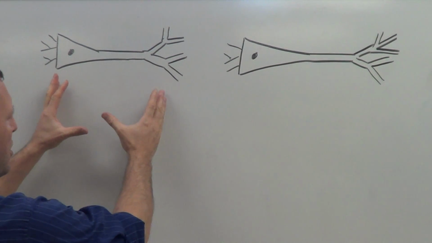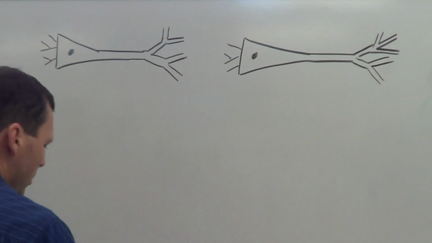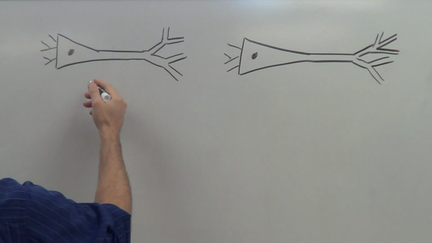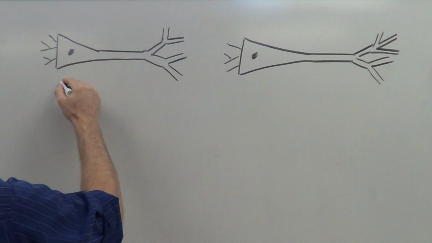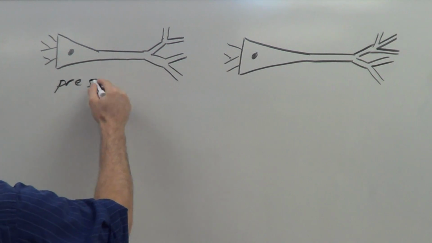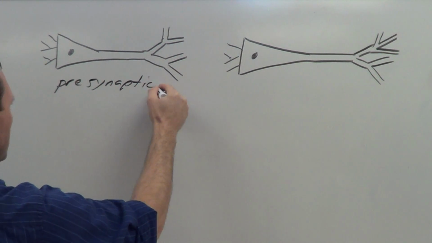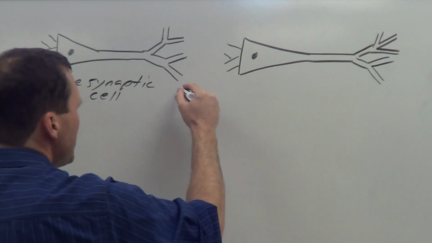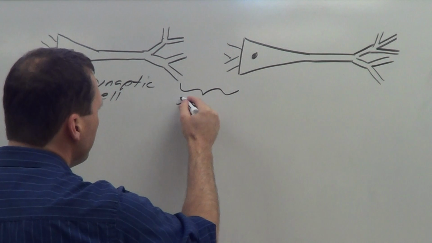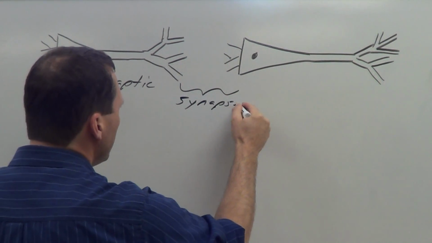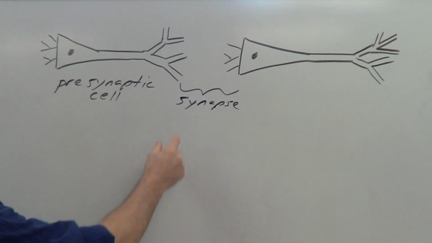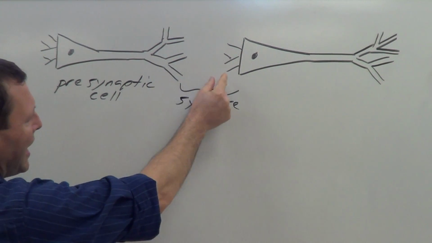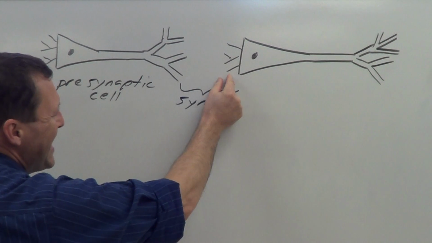I've drawn two cells up here, two neurons for example. And the first neuron we're going to refer to as the presynaptic cell. So we'll go ahead and label that presynaptic cell, and then we're going to have our synapse. Now a synapse consists of the end of one cell, the actual space, and a little bit of the beginning of the next cell.